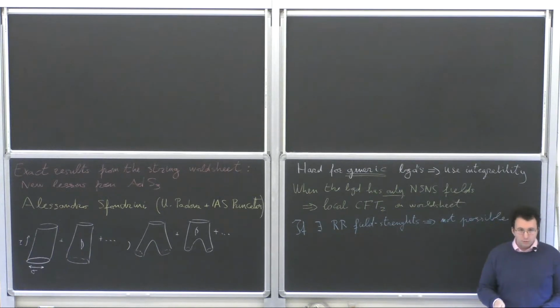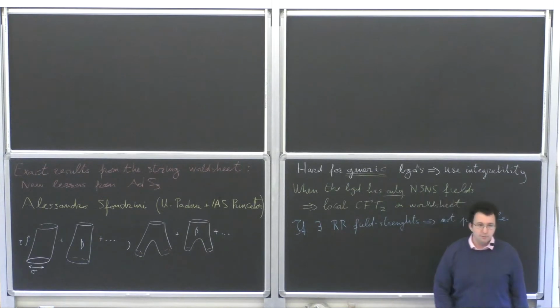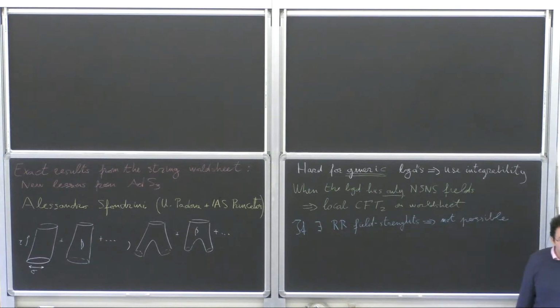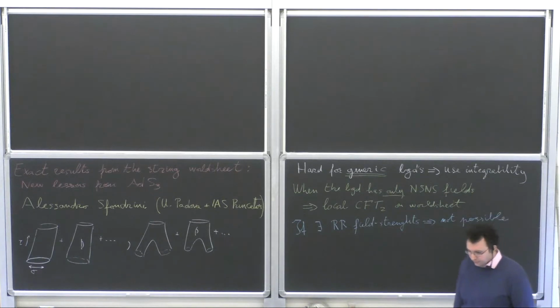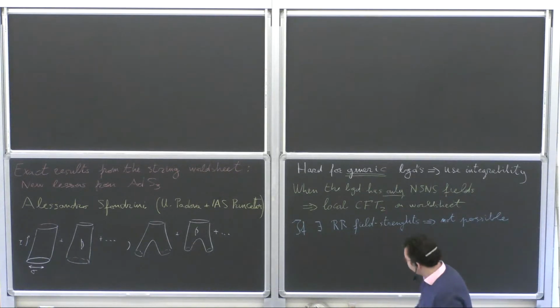And I don't want to write down an action for you and tell you which fields are Ramond, which fields are NSNS, but I just want to tell you that if you take any supergravity background in which the string can propagate, and that maybe it's interesting physically because of holography or because of black hole physics, generically it will have Ramond backgrounds, and you will not be able to use the CFT description on the worldsheet. But you will be able to use, in many cases, integrability.